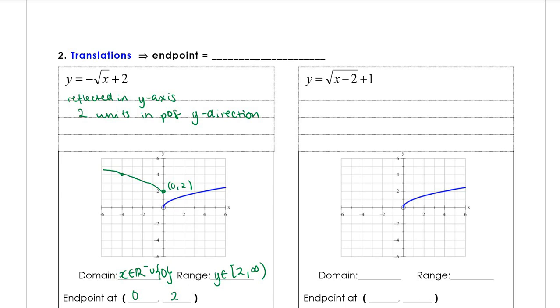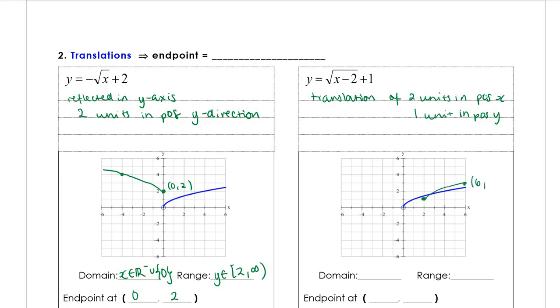This one here, we've had a translation of 2 units in the positive x, and 1 unit in positive y. So that's just shifting my endpoint from (0, 0) to (2, 1). So all my points now are going to move across 2 and up 1.